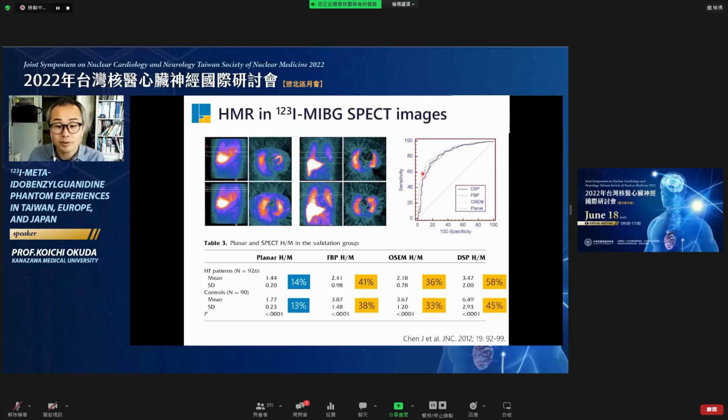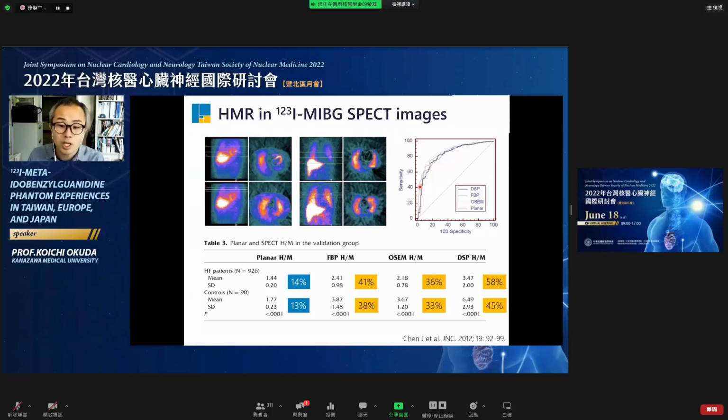Receiver operating characteristics curves exhibited that planar and SPECT HMR have similar diagnostic performance. However, SPECT HMR is not common in the current evaluation of MIBG imaging.